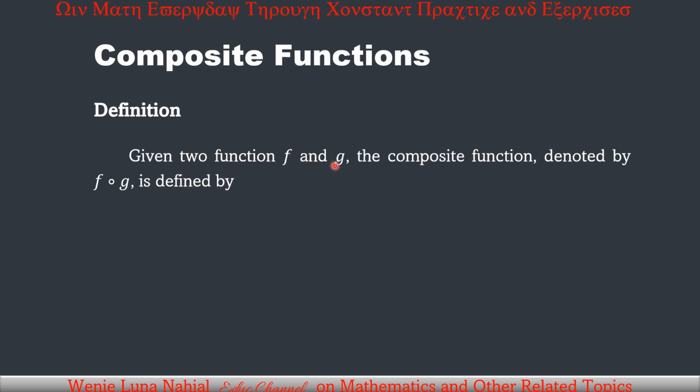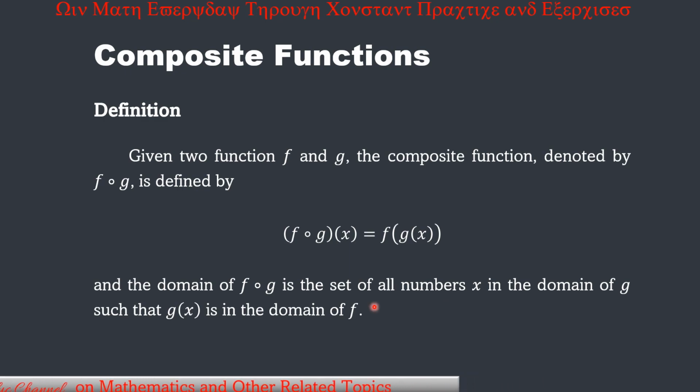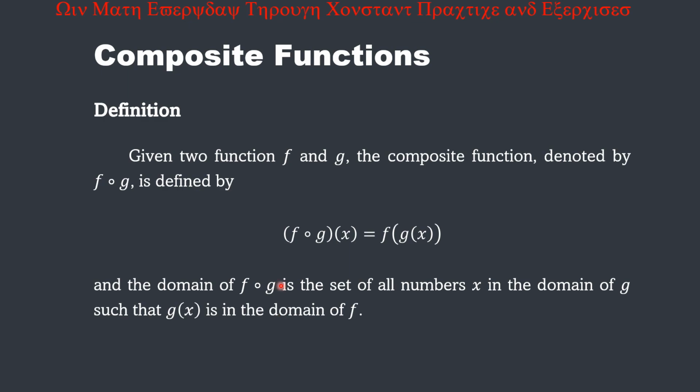Given two functions f and g, the composite function denoted by f circle g is defined by f circle g of x is equal to f of g of x. So this is about composition of functions. The domain of f circle g is the set of all real numbers x in the domain of g such that g of x is in the domain of f.